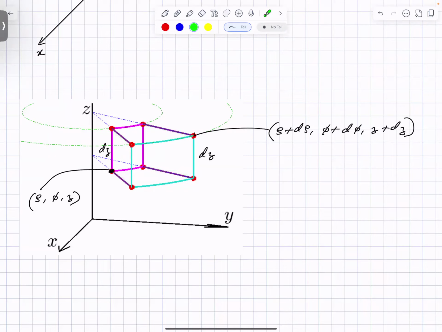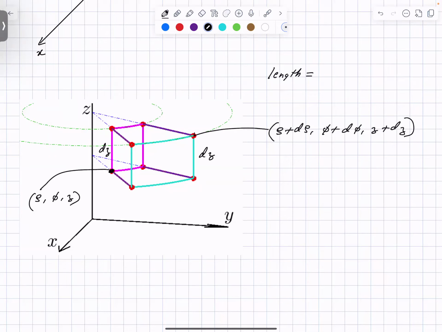Now the tough one is the arc. This arc on the back side, this top arc and the bottom arc, are equal in length. We can see that, right? It's symmetric. Do we know the length? What is the length of an arc in terms of the radius and the angle?